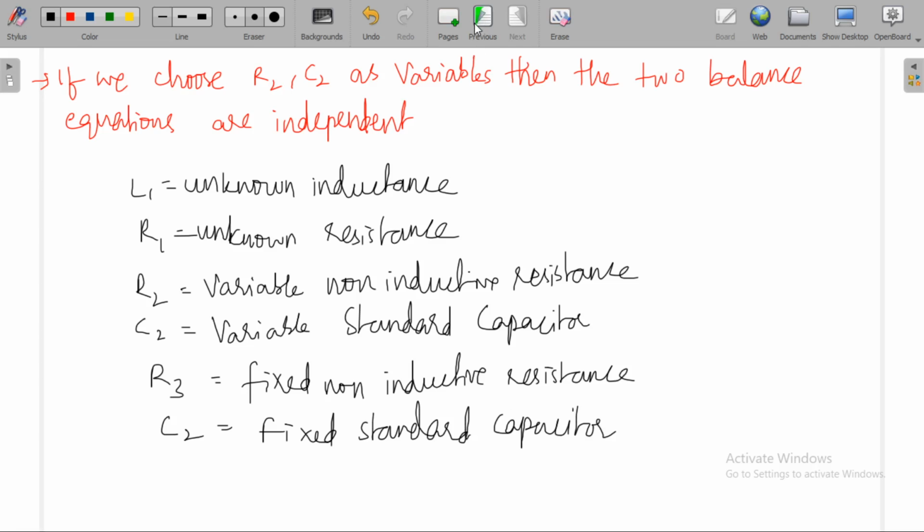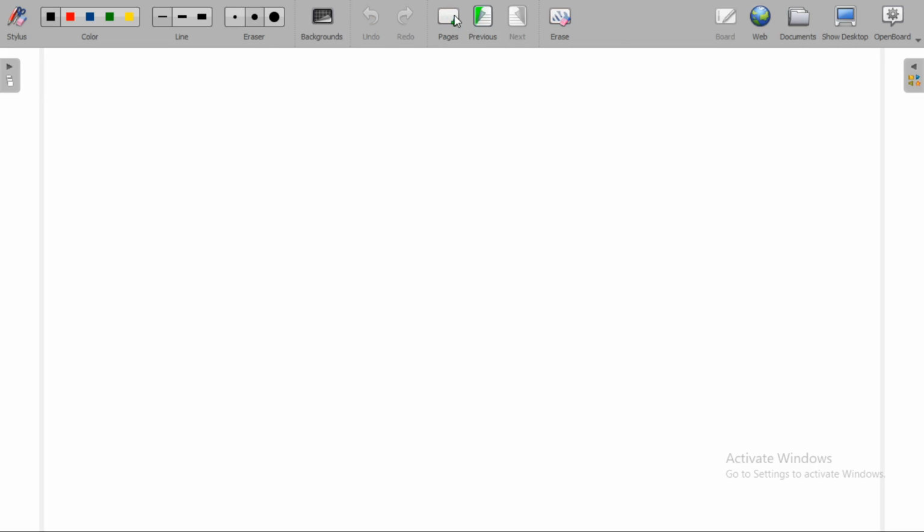Now let us find the Q factor. What will be the Q factor? You know L1 is equal to R2 R3 C4 and R1 is equal to R3 C4 by C2.